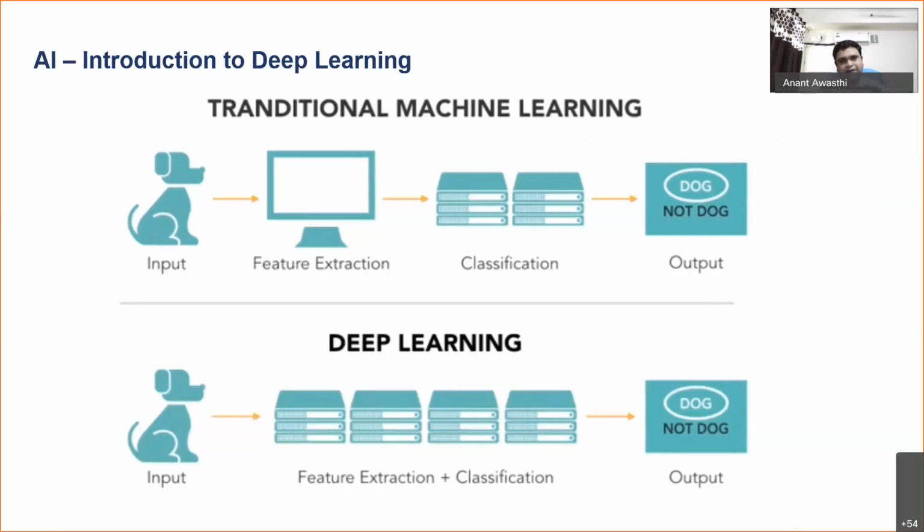Deep learning is a bit different from there, as are ANN or neural network based solutions. Here you just provide input. All the manipulation, feature extraction, and model building is taken care of by the algorithm. And after that you get an output.